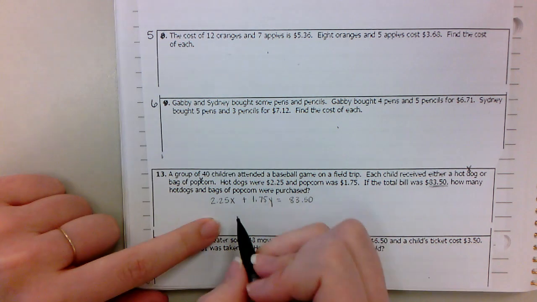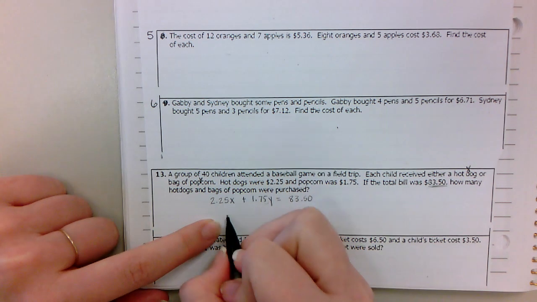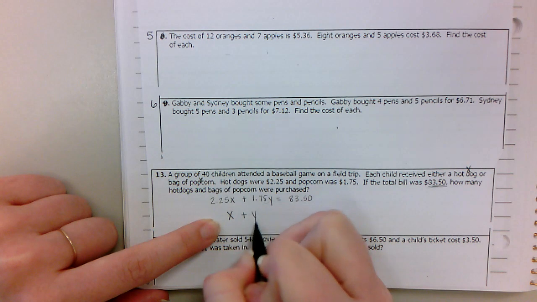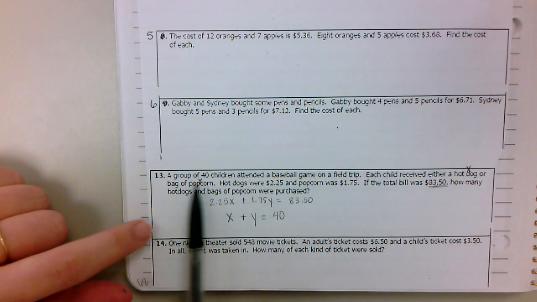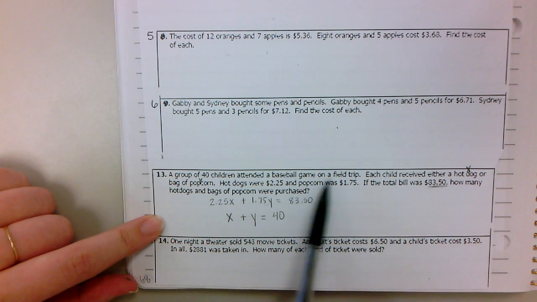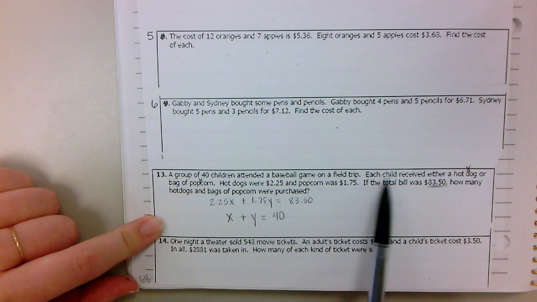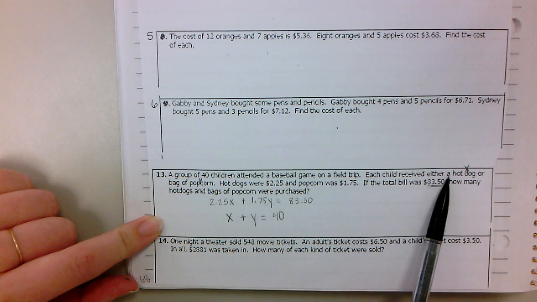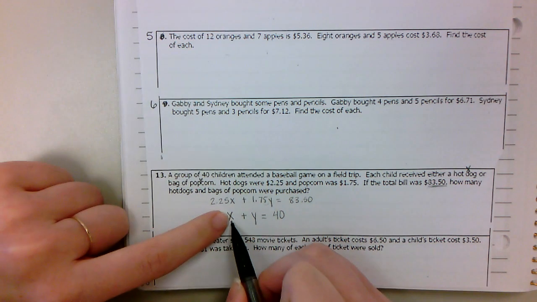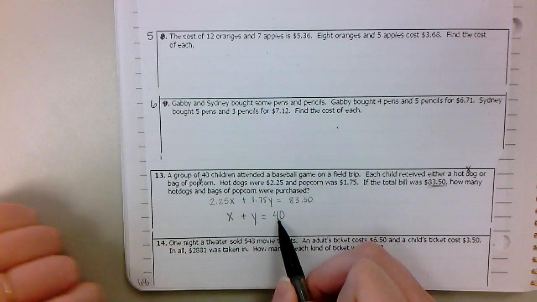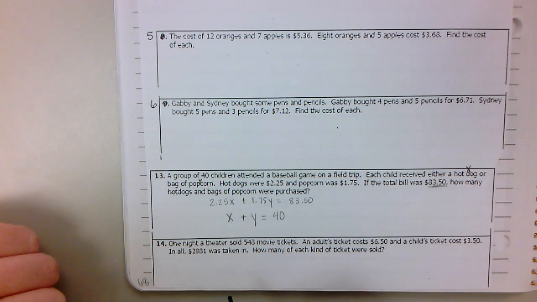Well, in another equation, we have to just put hot dogs and popcorn, and there are 40 kids total. And I know this because it says up top, a group of 40 children attend a baseball game. Each child receives either a hot dog or a bag of popcorn. So they either get 1 hot dog or 1 popcorn, and there's going to be a total of 40 of them sold.